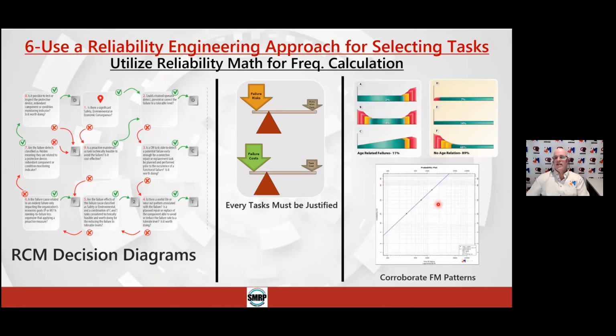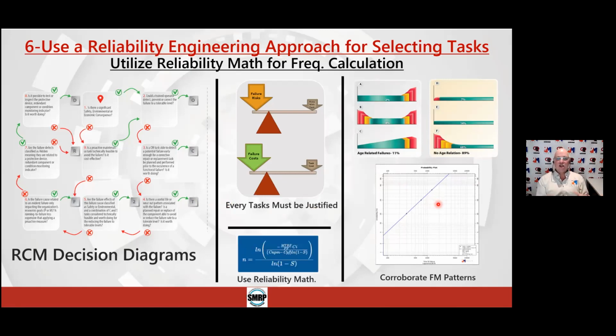Let's use engineering analysis to understand how things fail. Let's analyze data, actual data, current data, past data, to see how components are working, so we may make better decisions based on reality, right? Let's not be afraid of using reliability math.